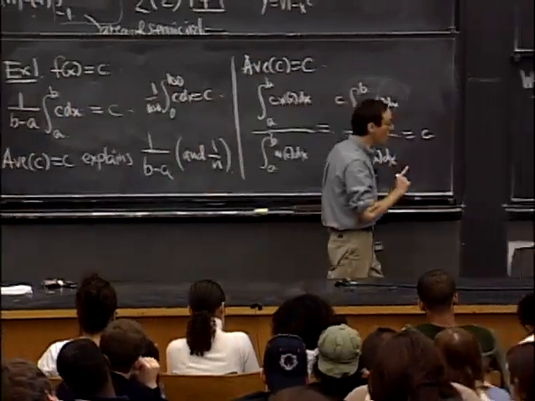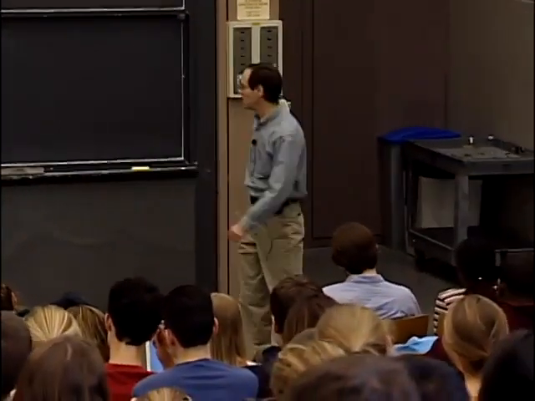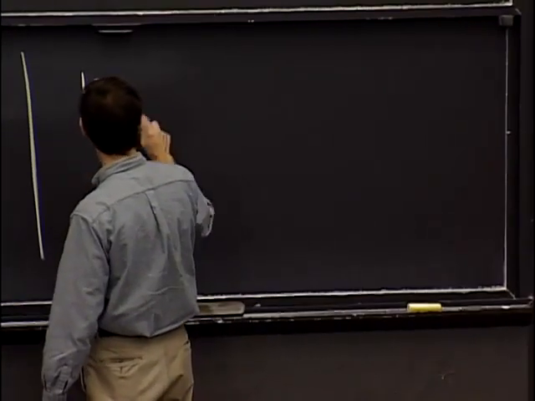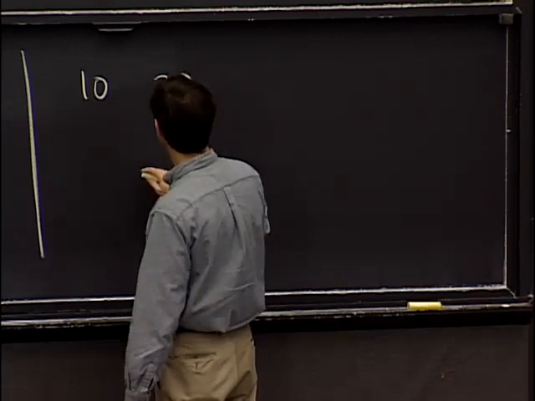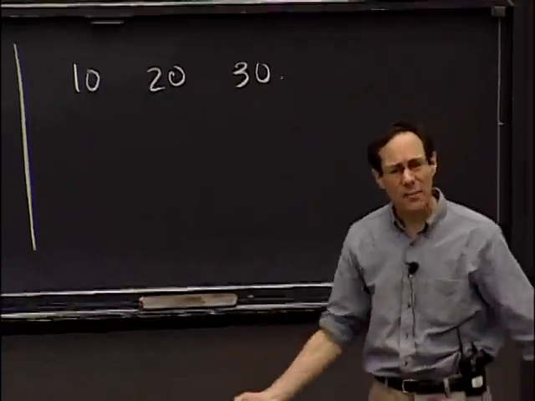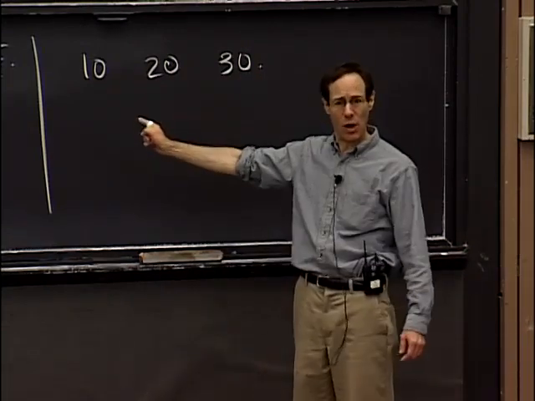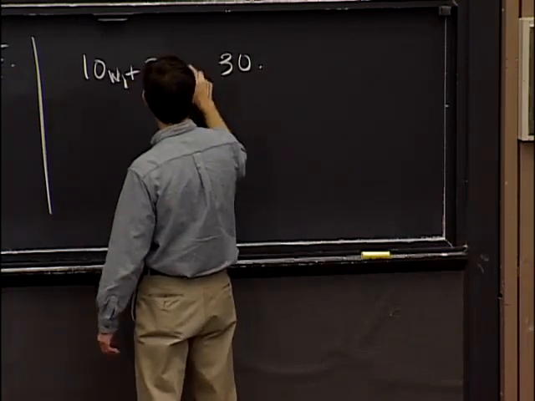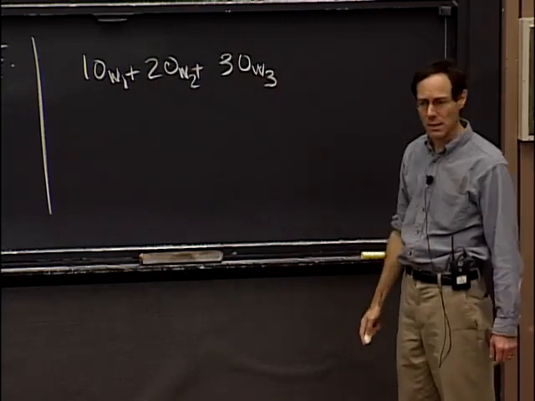And let me just give you one more explanation, which is maybe a real-life, pretend real-life example. You have a stock which you bought for $10 1 year, and then 6 months later, you bought some more for $20, and then you bought some more for $30. All right? Now, what's the average price of your stock? Well, it depends on how many shares you bought. If you bought this many shares the first time, and this many shares the second time, and this many shares the third time, this is the total amount that you spent.